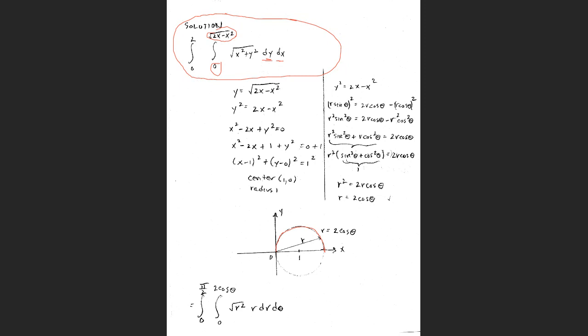There's the semicircle on top and the line segment y equals 0 on the bottom.